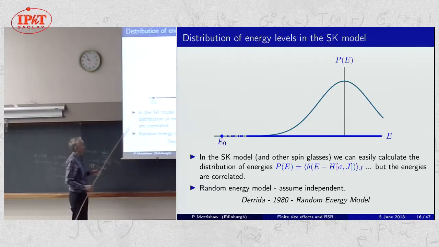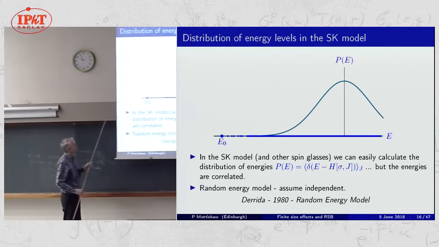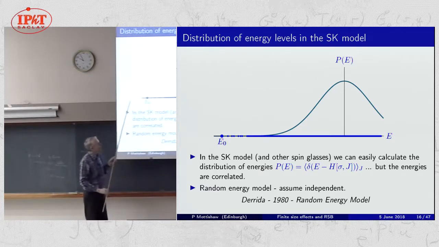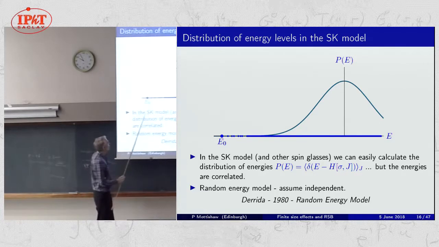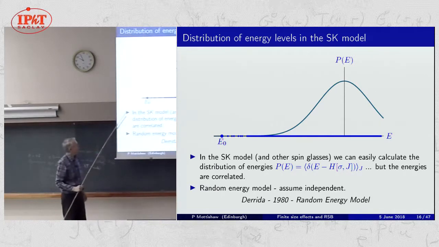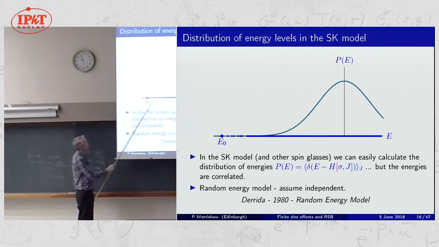Now, for the random energy model, the concept is that for any sort of SK model, you can compute fairly easily the distribution of energy levels. So here you've got the ground state, some low-lying energy states, and then a continuum of energy states. The spin glass phase is dominated by what happens down here.